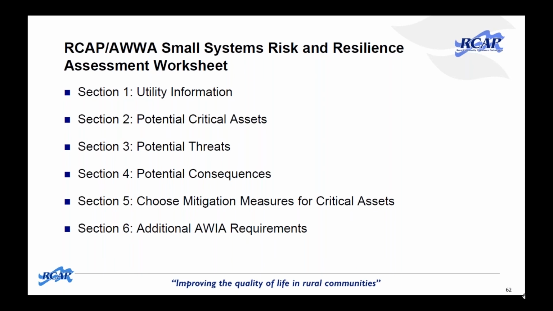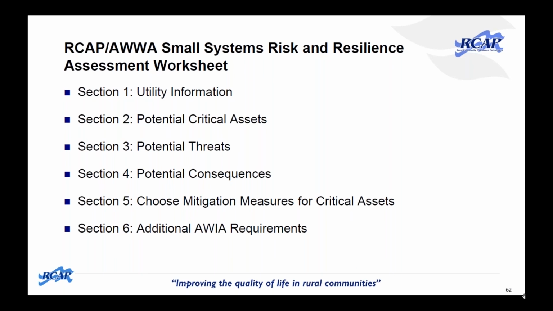And then in section 4, talk about potential consequences. We're going to consider the consequences of losing each of those critical assets if a particular threat occurs. On to section 5, and then based on those 2 things, the potential threats and potential consequences, you're going to choose mitigation measures for these critical assets.